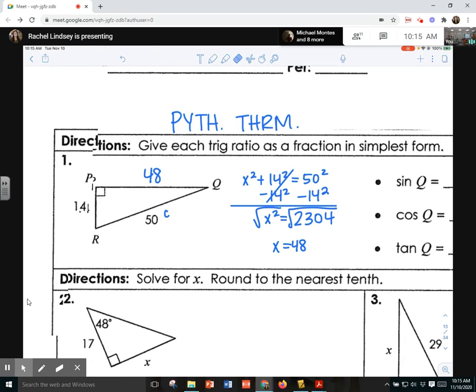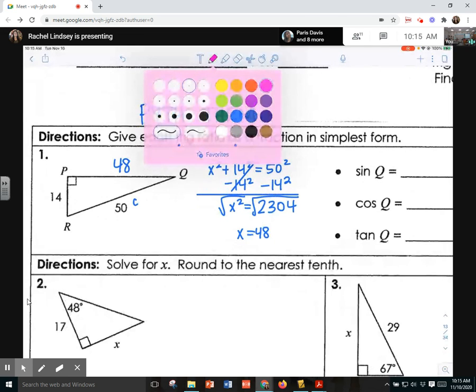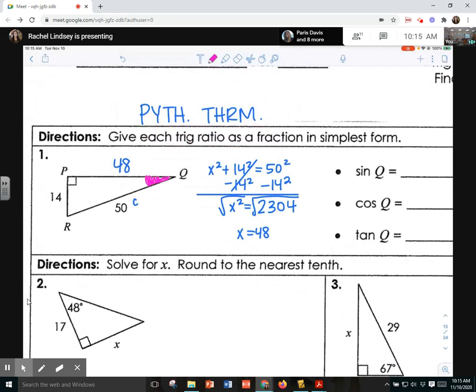So now I can use my trig ratios to solve for sine, cosine, and tangent of angle Q. So 50 would be your hypotenuse, 14 would be the opposite, and 48 would be the adjacent. So sine is opposite over hypotenuse.